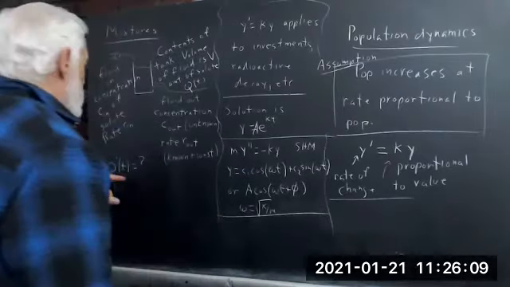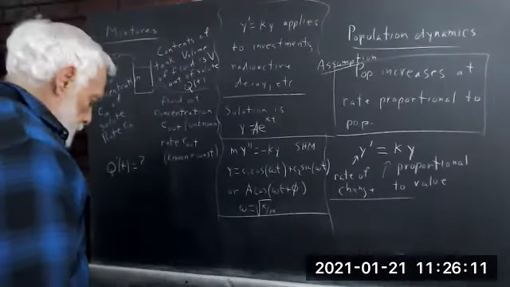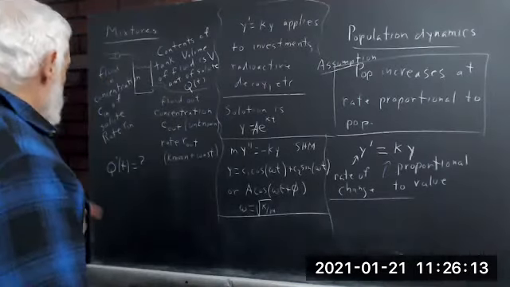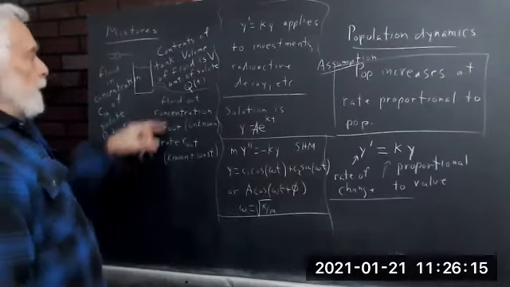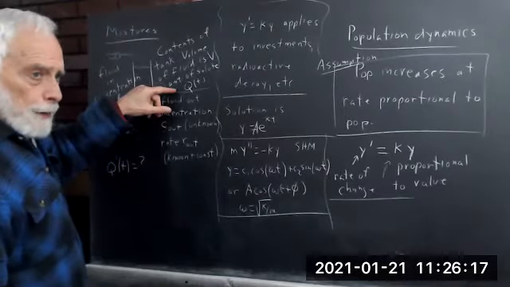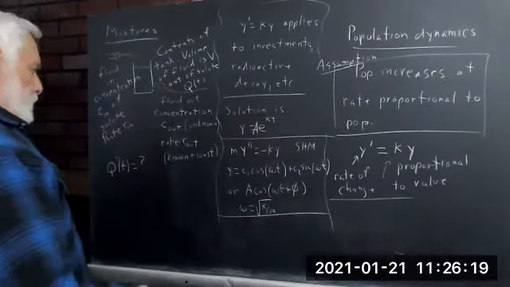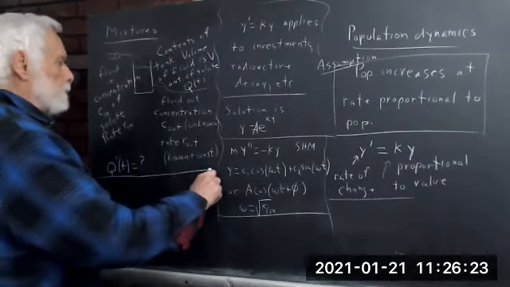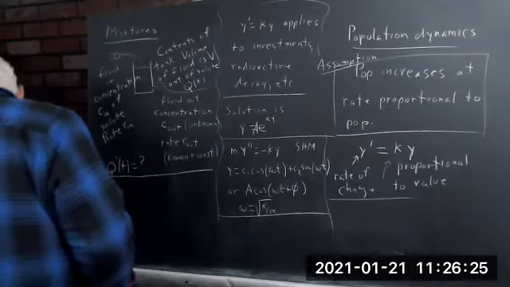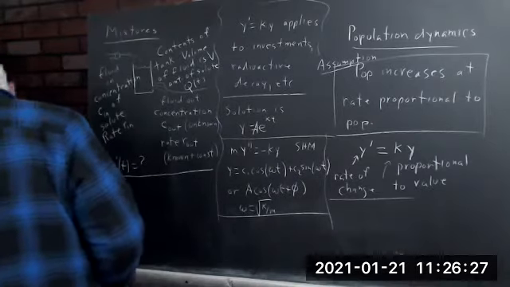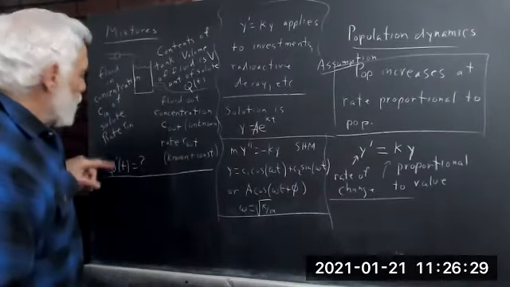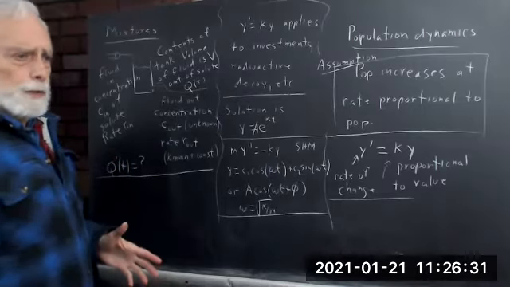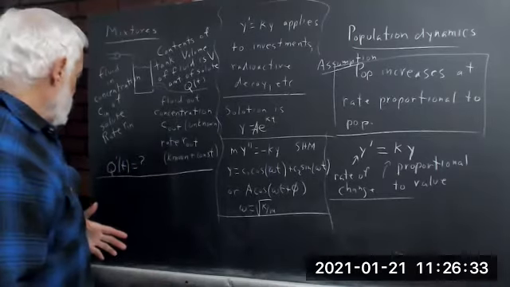Okay, what's Q prime of t? Q prime of t is the rate at which the amount of solute is changing.